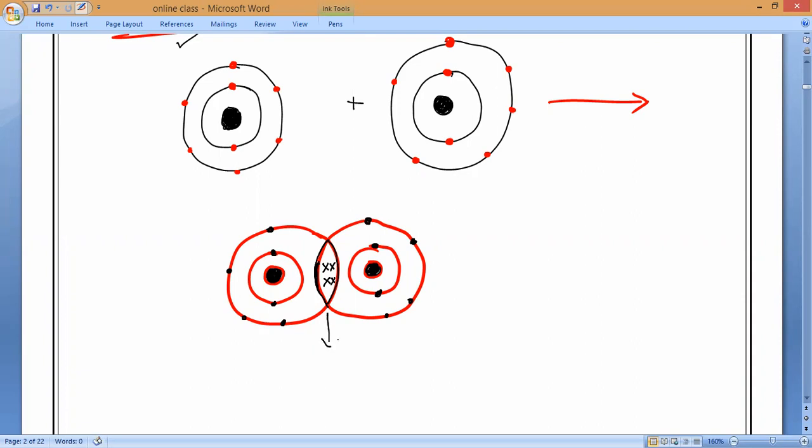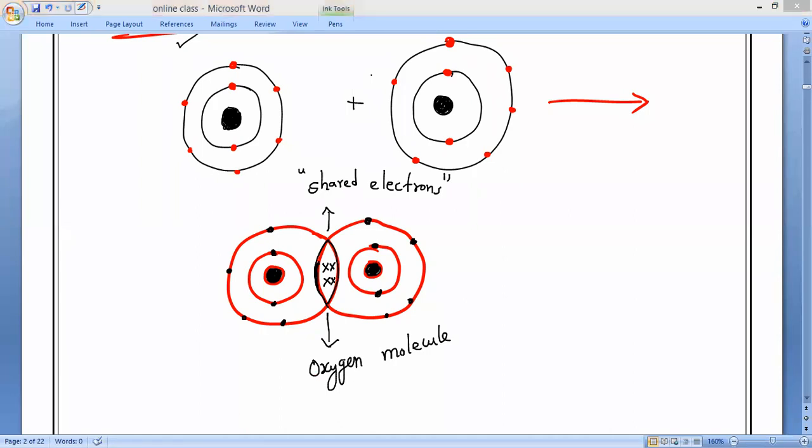That is what we can say. What is this called? Oxygen molecule. Do you understand, everybody? This is what we call shared electrons. How many is each oxygen sharing to become stable in nature? 2 electrons.